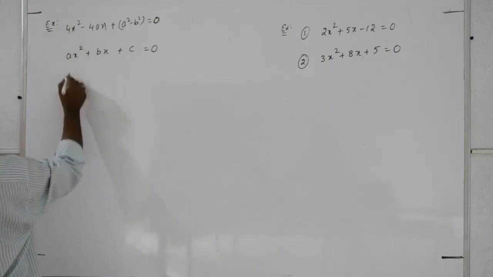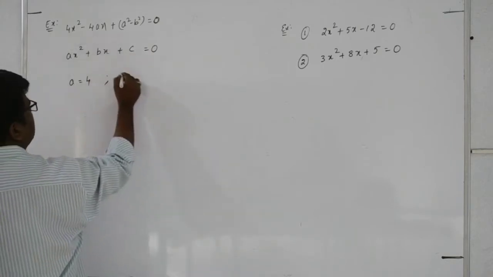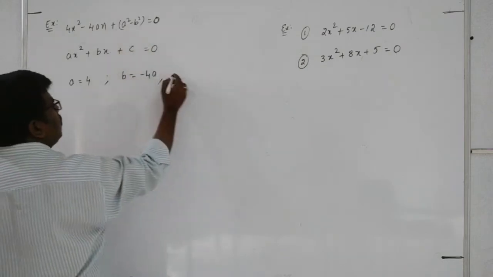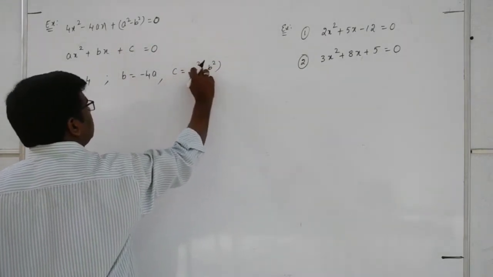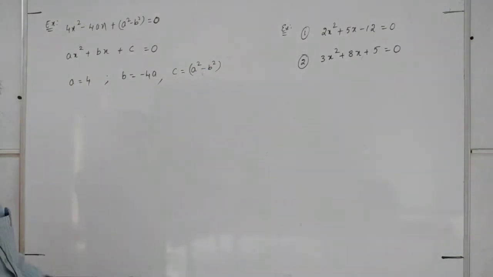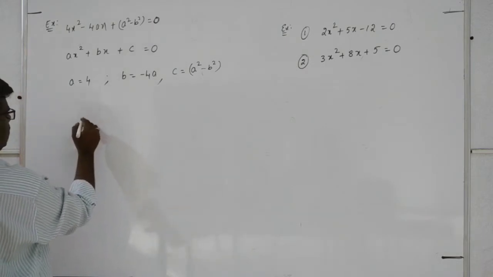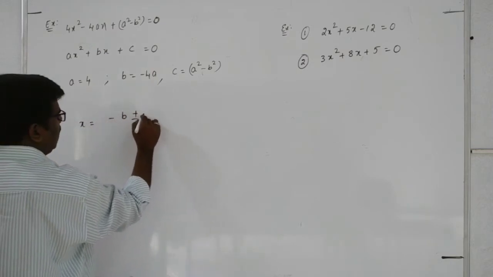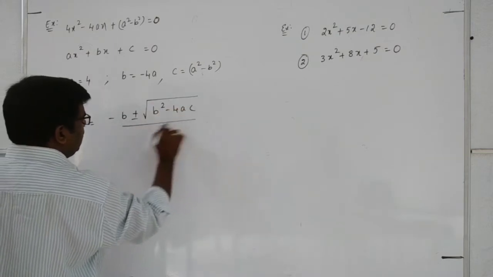The x square coefficient, a equal to 4, b equal to minus 4a, and c equal to a square minus b square. And what is the formula for finding the roots? The formula for finding the roots is x equal to minus b plus or minus under root of b square minus 4ac, by 2a.